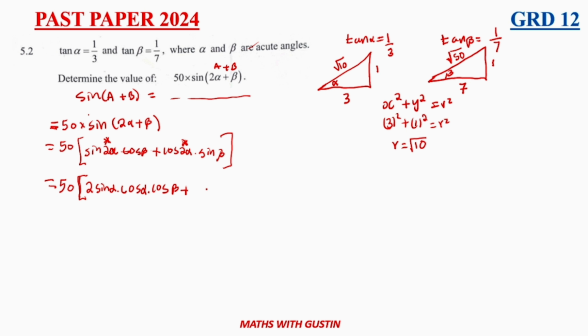We're going to simplify it as we check on our formula sheet. We see that there's cos squared alpha minus 1 in brackets times sine beta that is sitting there.